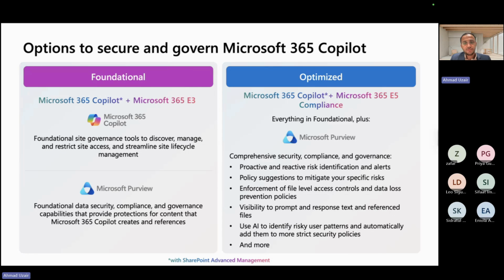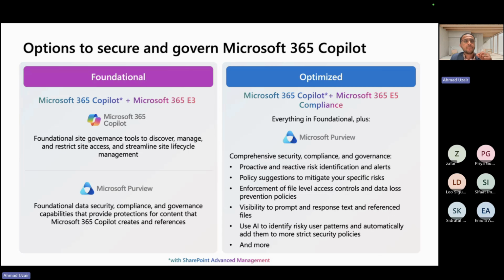However, for the governance part, where you need labeling and so on, you need something called Microsoft Purview. That's a separate offering which has reactive risk identification and proactive risk identification, which automatically provides labels to specific files, right? We enforce file-level access controls.